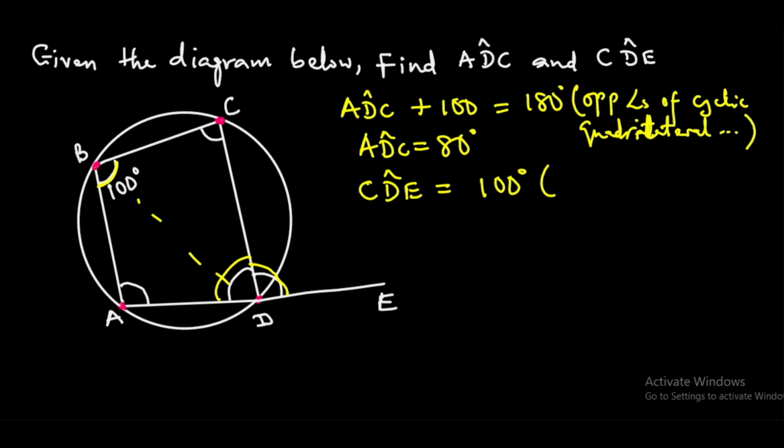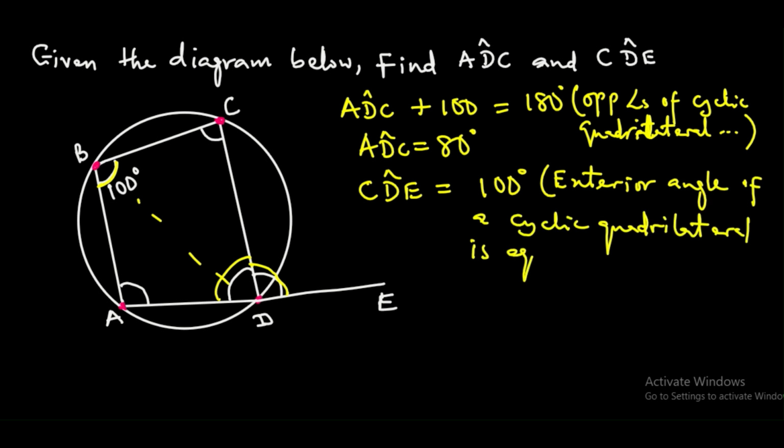Okay. And the second reason is that the exterior angle of a cyclic quadrilateral is equal to the what? Opposite interior angle. Okay. That's clear.